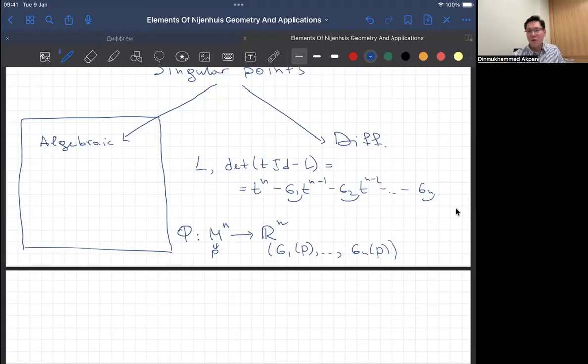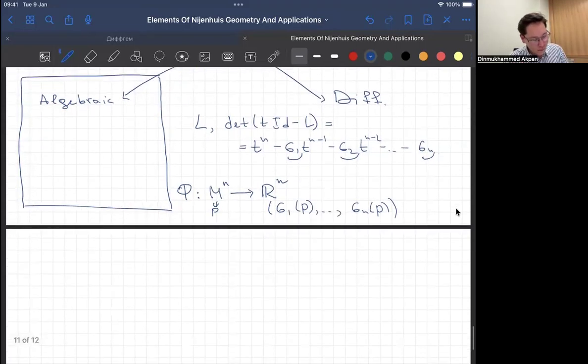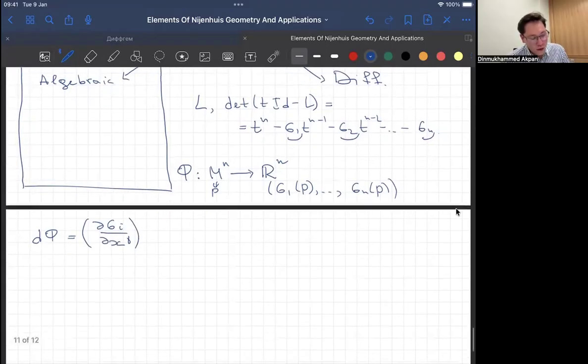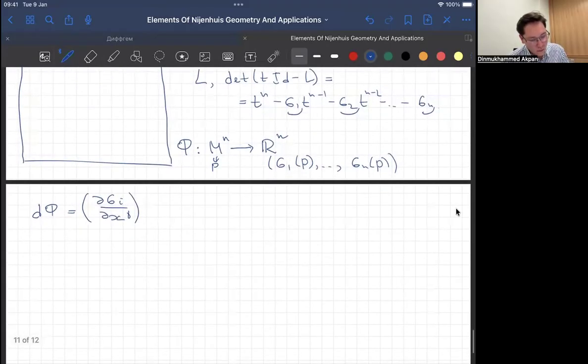From calculus, we know that every mapping has a Jacobian matrix, the matrix d sigma i over d x j. And what is a differentially non-degenerate point? Now we can define what a singular and regular point is in the differential sense.